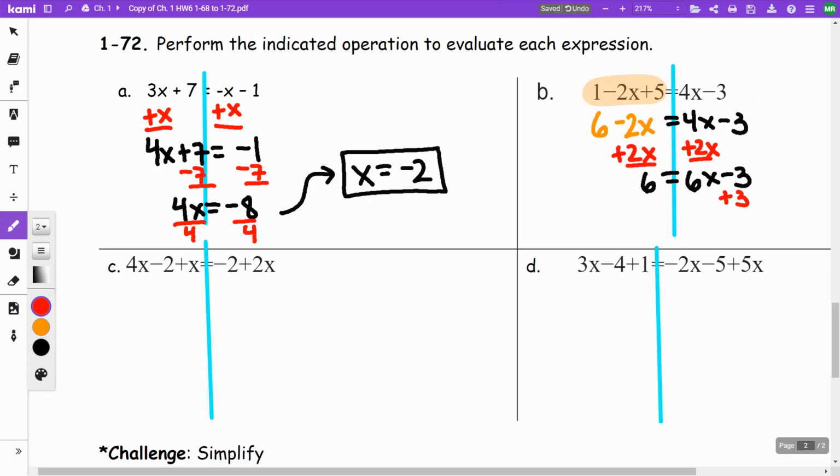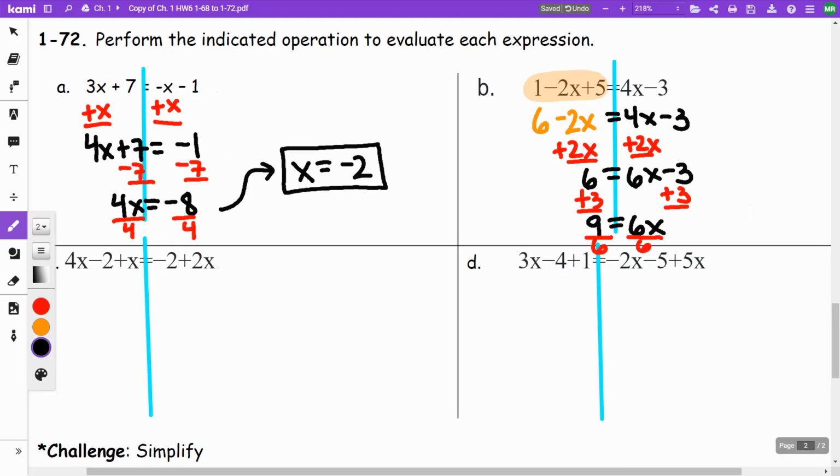I'm going to add 3 to both sides. And I get 9 is equal to 6x. I'm going to divide by 6. And when I do, I'm going to get 9 over 6 is equal to x. Or I can simplify that because I can divide top and bottom by 3 and get 3/2.